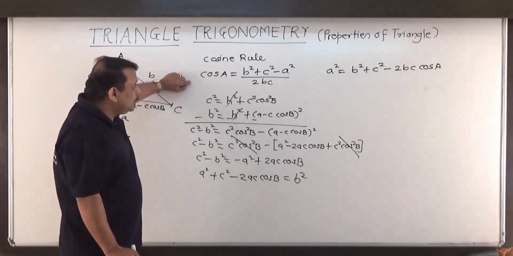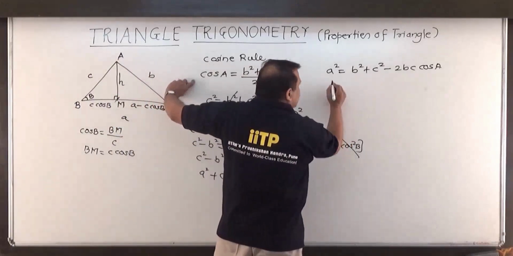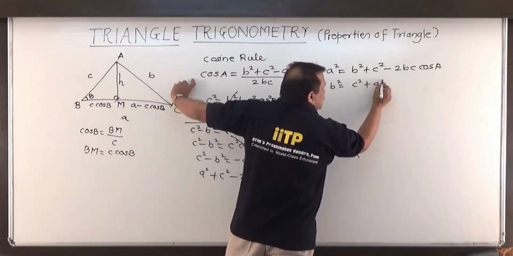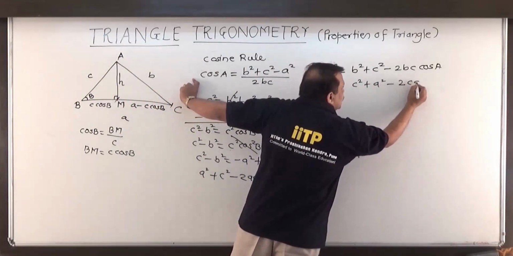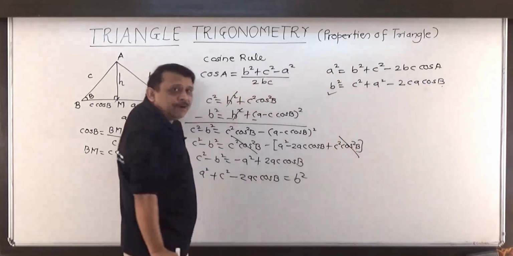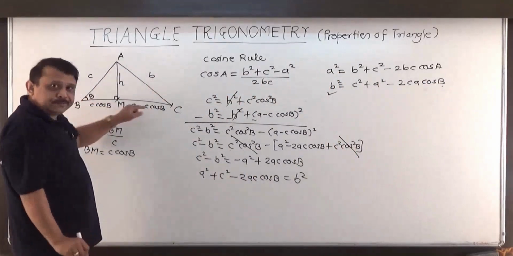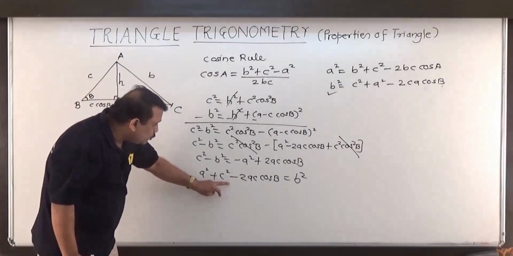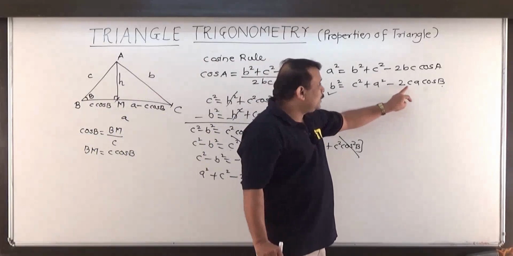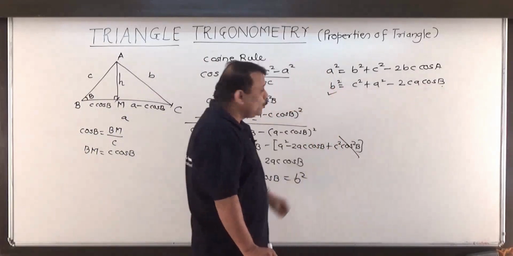The result that I quoted earlier was b² = c² + a² − 2ca cos B. This result I have proved using this. So a² + c² − 2ac cos B = b².